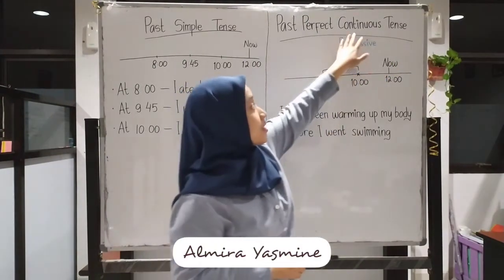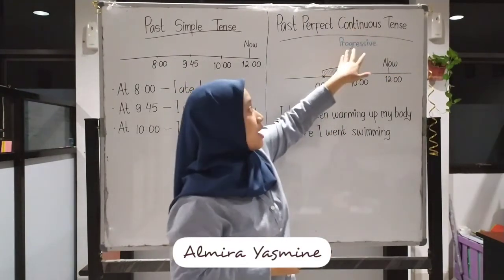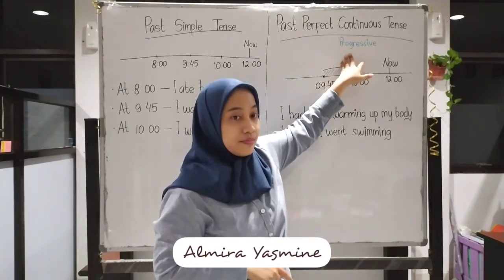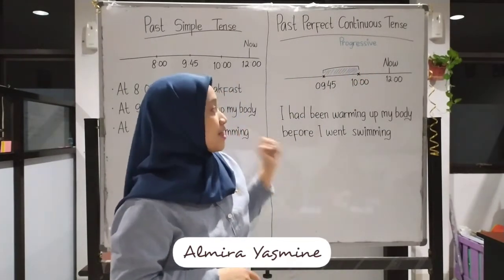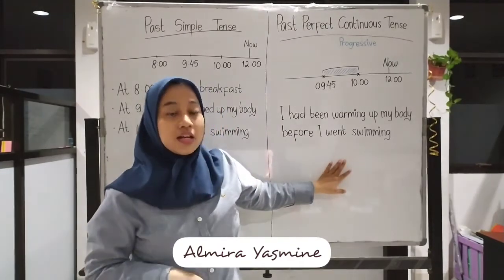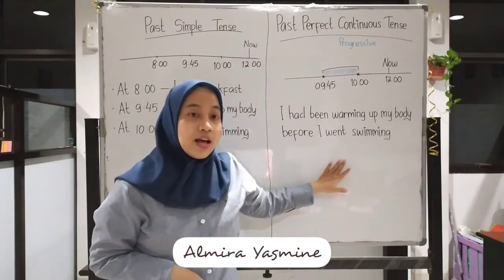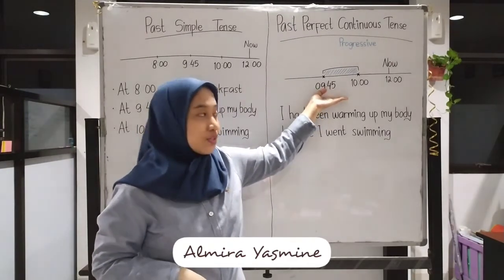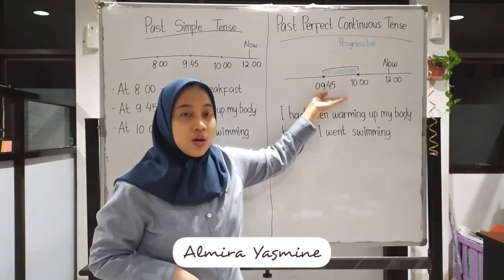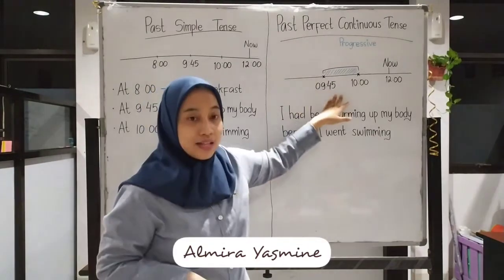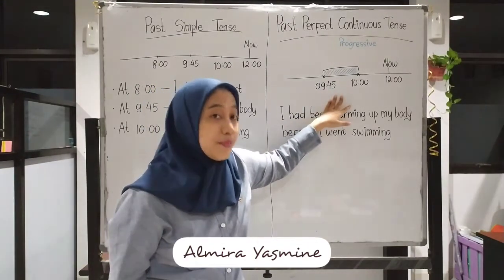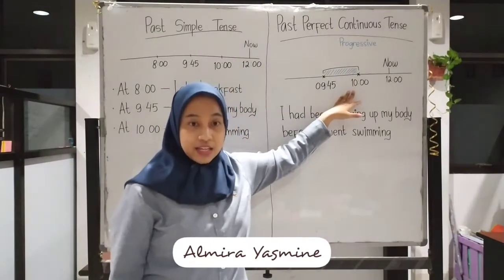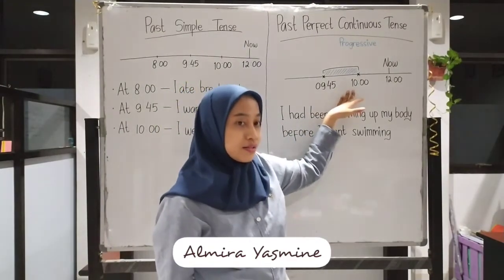Here, continuous and progressive are the same. These tenses talk about something that started in the past and continued in the past. We use this tense to talk about something that had been happening in the past.